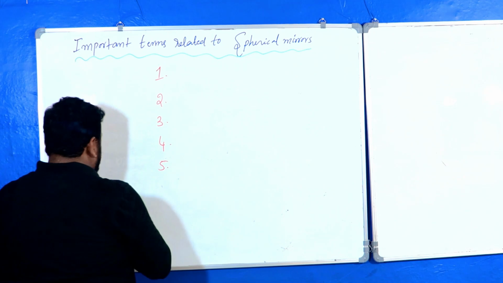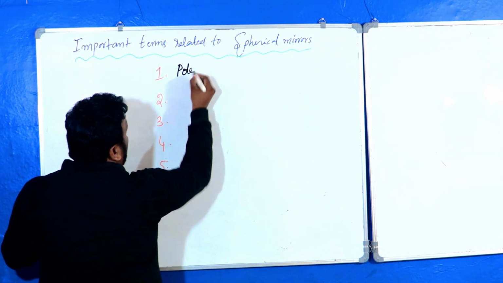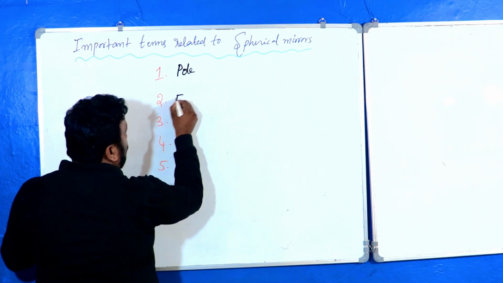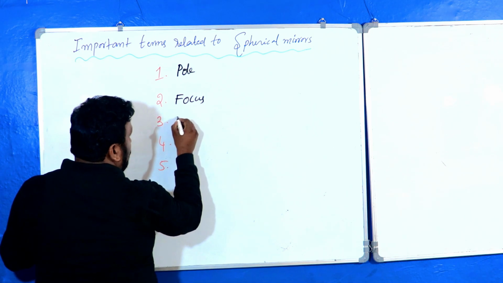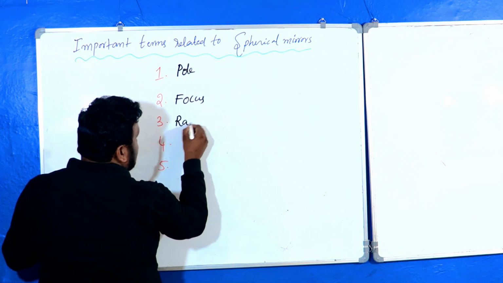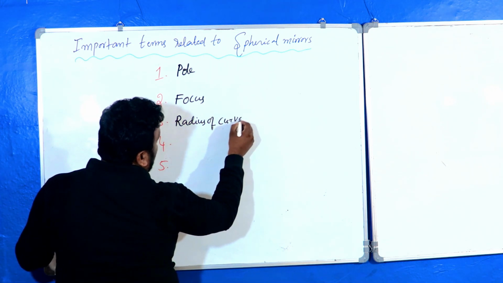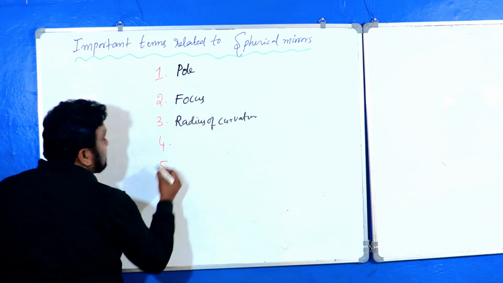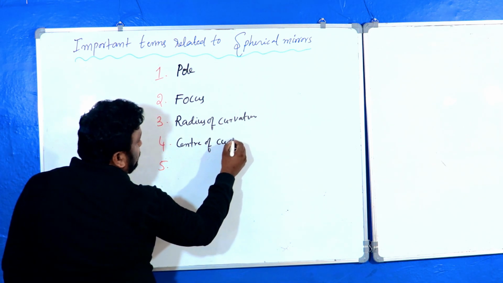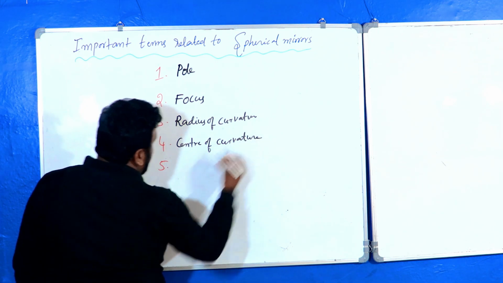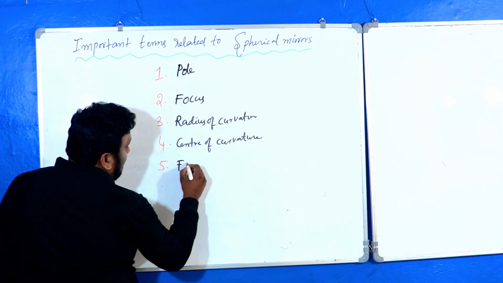The first one is pole, and next one is focus, and next one is radius of curvature, and next one is center of curvature, and next one is focal length.